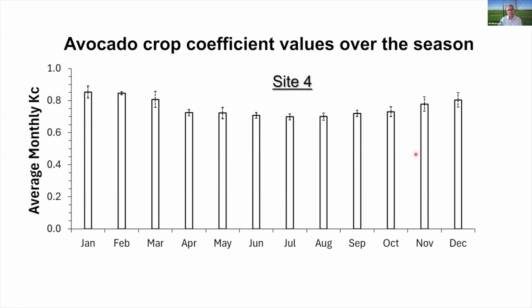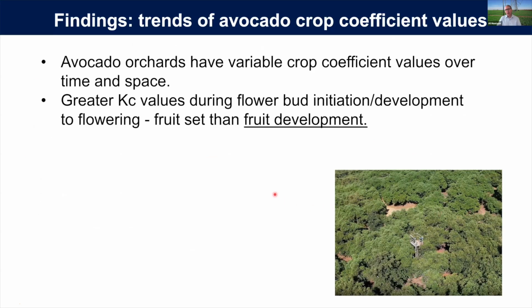So again, as I mentioned, the average crop coefficient shows higher values in early season than in spring and summertime, and then again higher values in the fall. So we tried to interpret why we have this trend. This is the trend we found.